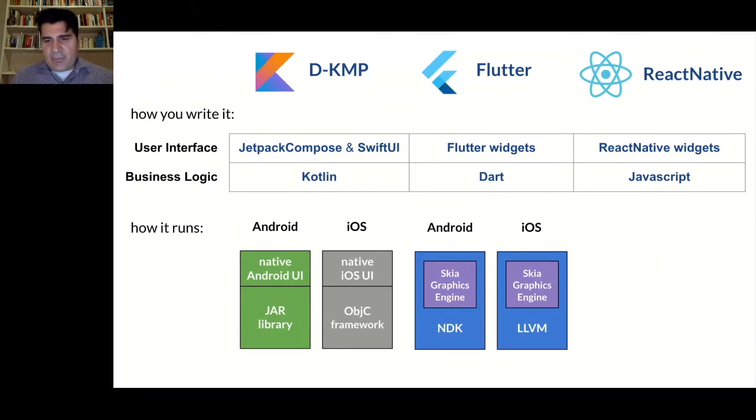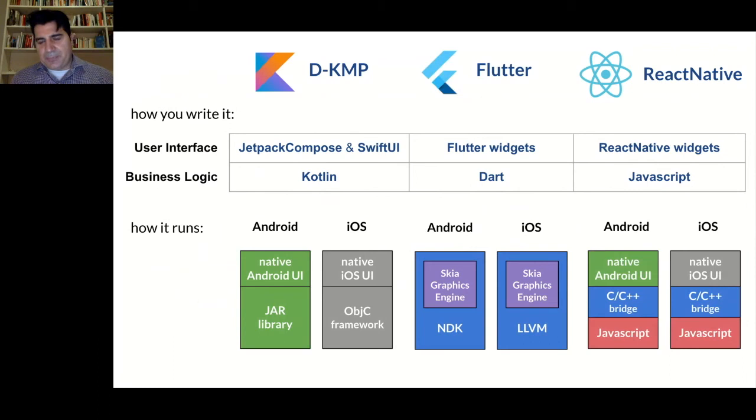In React Native, it's true that we have native UI, and actually this was one of the main selling points, at least at the beginning, for React Native, to be able to have a look and feel which is different on each platform. But in terms of the code that is actually running, it's JavaScript, which is, as you can imagine, not very efficient on either Android or iOS. Your JavaScript code connects to the framework through a C/C++ bridge.